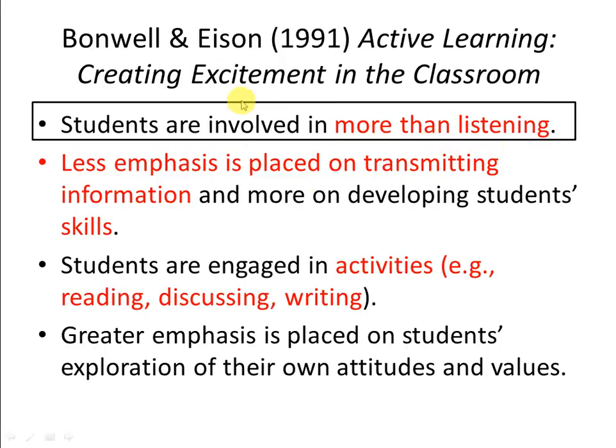And the other things that these researchers say when they define active learning are these. Less emphasis is placed on transmitting information, and more emphasis is placed on developing student skills. And students are engaged in activities, for example, reading, discussing, and writing. And greater emphasis is placed on students' exploration of their own attitudes and values.